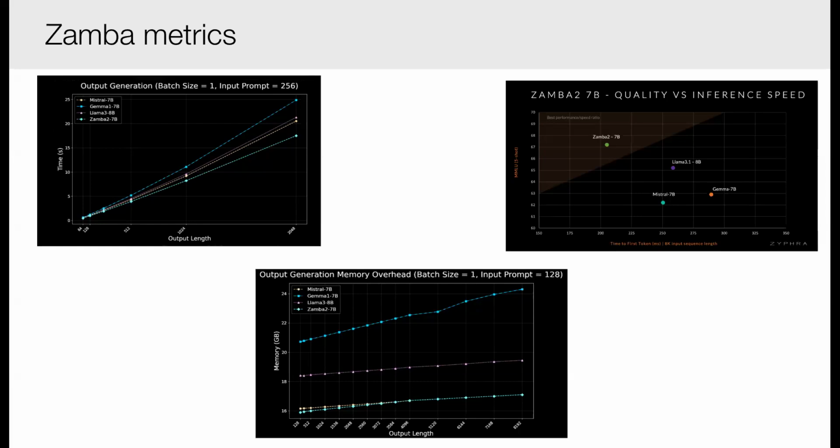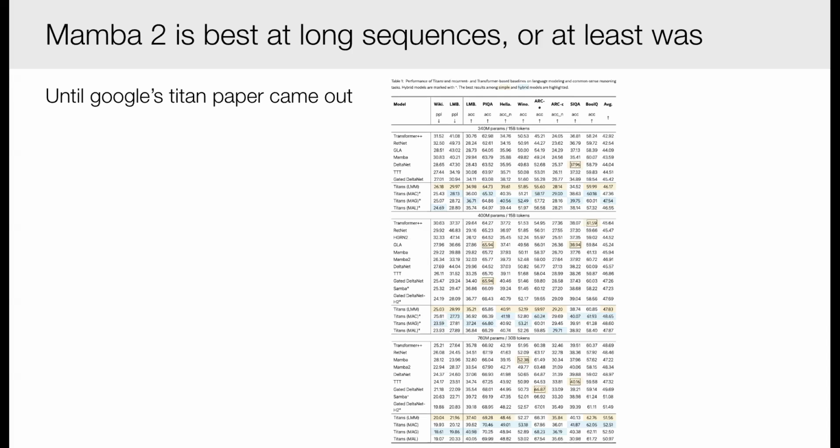So what a lot of people have been doing since then is making these hybrid models, and that's the state we were at until Google's Titan paper came out, and that completely crushed Mamba in basically every single benchmark.